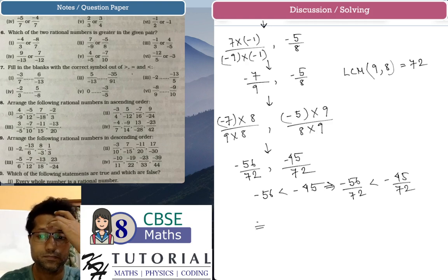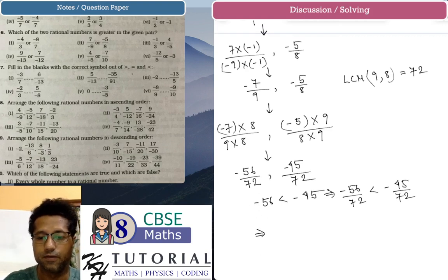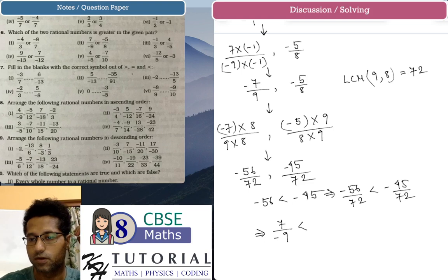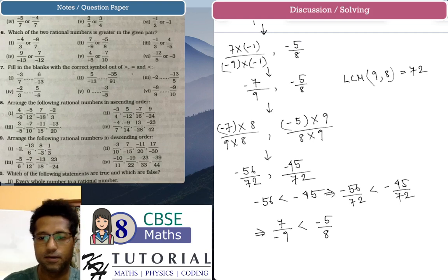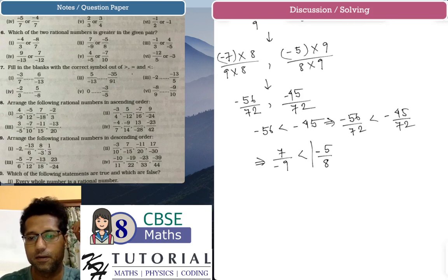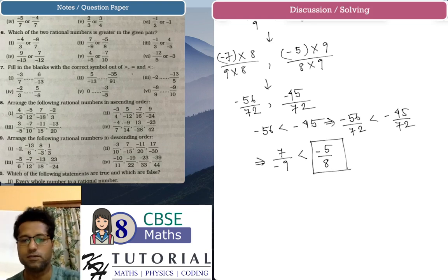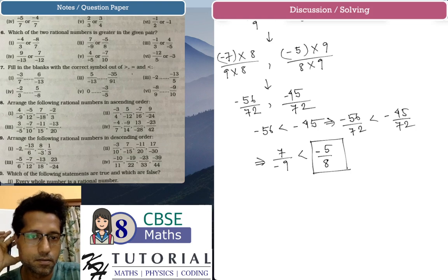Regarding the original rational numbers, minus 56 by 72 was 7 by minus 9. This is less than minus 45 by 72, which was minus 5 by 8. So now we can say that minus 5 by 8 is the greater or larger rational number between 7 by minus 9 and minus 5 by 8.